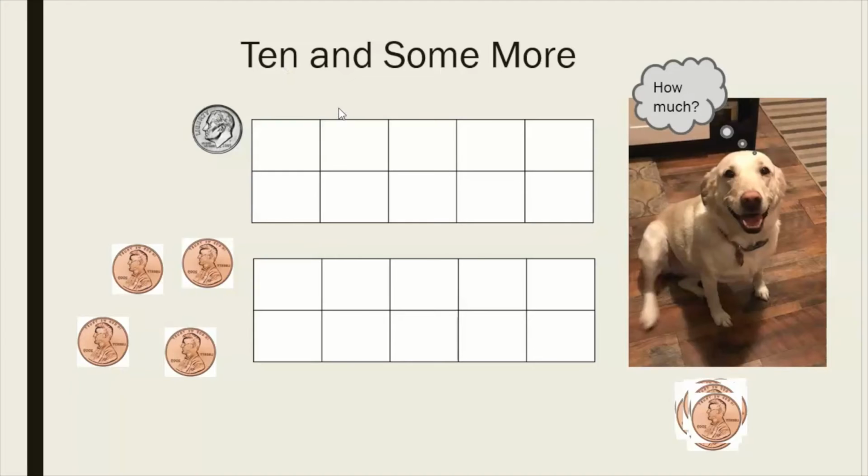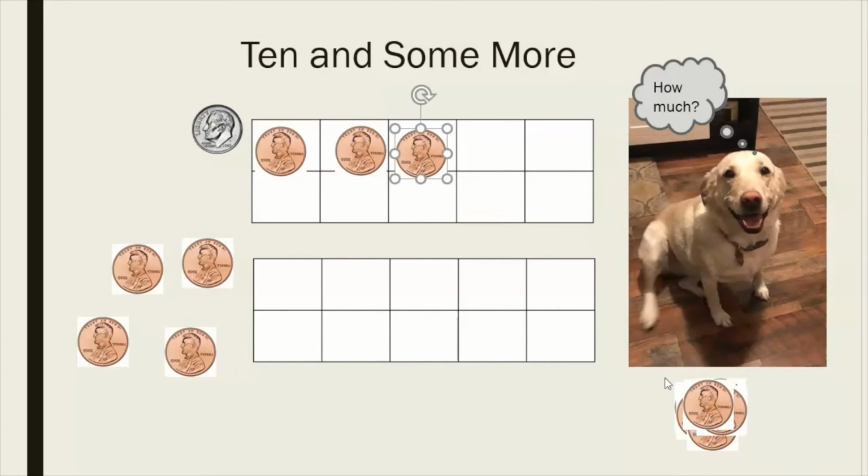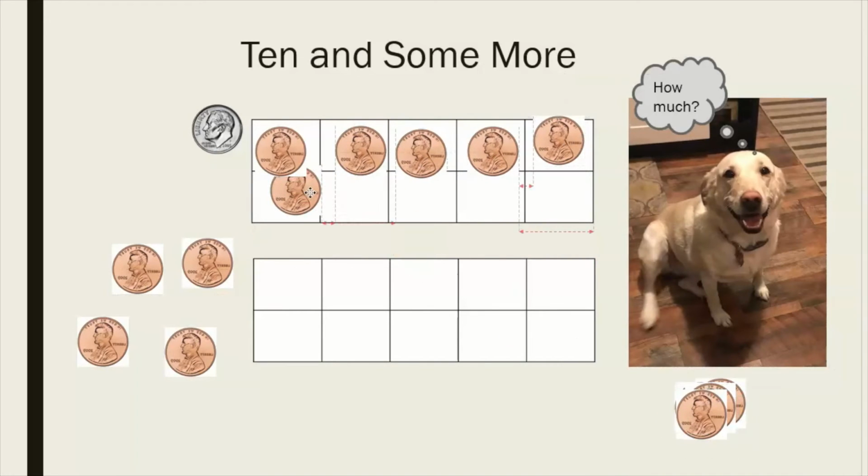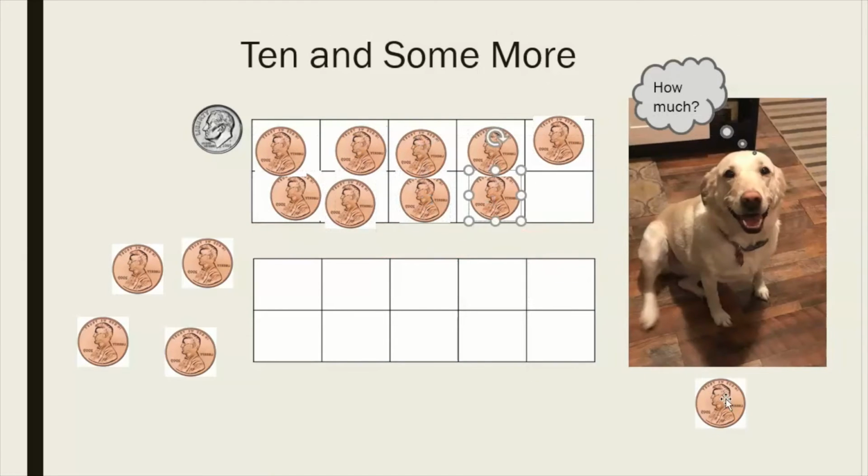All right, let's do some more with 10 and some more. Padme's wondering how much. So we know we need to take our dime and turn it into pennies. So let's go ahead and do that. 1, 2, 3, 4, 5, 6, 7, 8, 9, and 10.